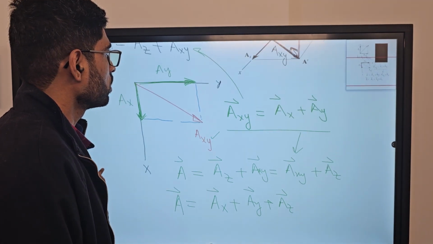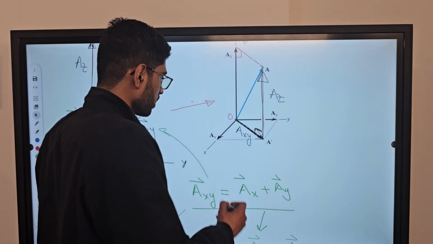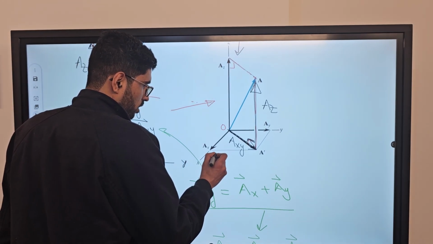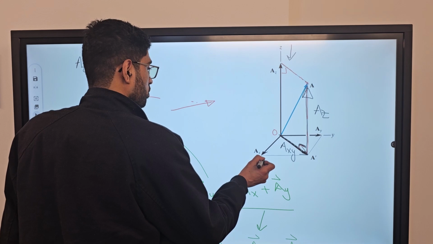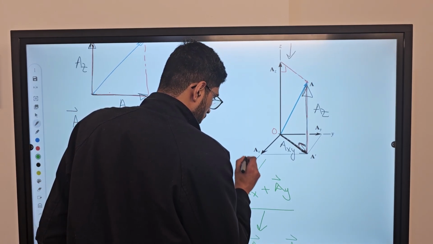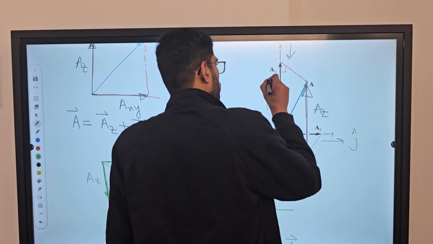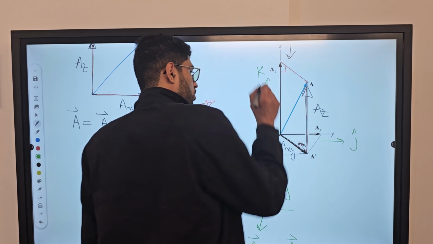And similarly, if the ax component is acting in the positive x, this means that it is acting in the positive i direction. So this is the positive i, this is the positive j, and this is the positive z, or we can say this is the positive k.